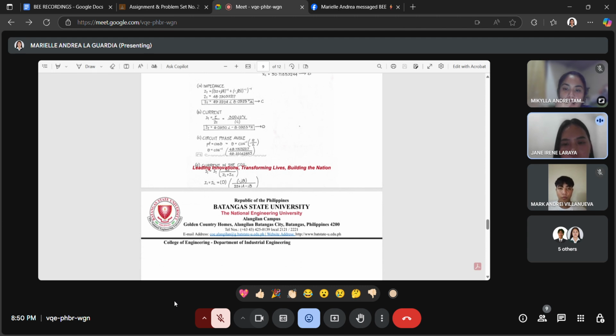Next, we have the circuit phase angle, which is simply the angle of the total impedance, which we already have from part A. So the phase angle is 8.0923 degrees. It is positive, which means the circuit is inductive. In inductive circuits, current lags behind voltage.